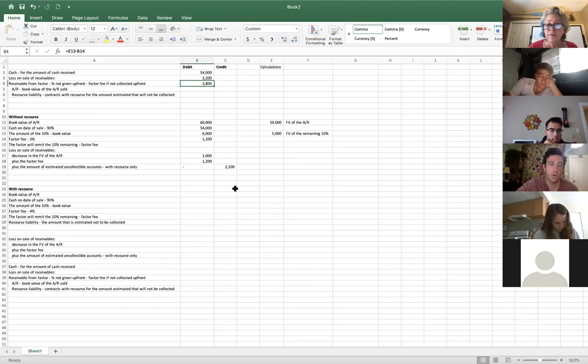So you could go in either order in terms of calculating the loss and the receivable from factor? Yeah, why would order matter? Well, it's just in some of the problems we've worked, you have to determine something after you do a previous calculation. And so here you're saying we could do it either way. You've got a journal entry to do and you know what the debits and credits are.